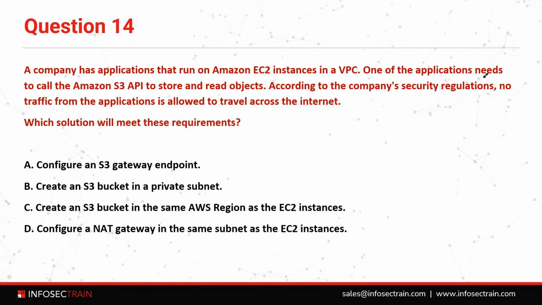One of the applications needs to call Amazon S3. So you have an EC2 instance running in a VPC, and one of the applications needs to call Amazon S3. It means S3 is there.